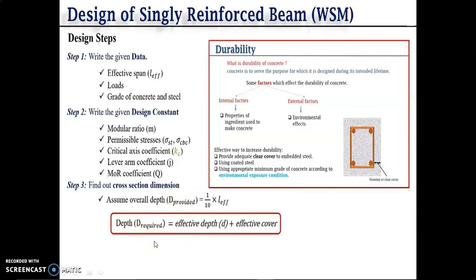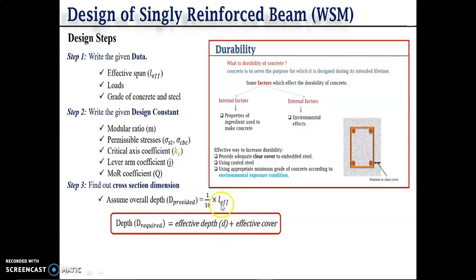Provided depth is always greater than the required depth. If your required depth is greater than the provided depth, then our structure fails. That's why in the design part we require depth required to be less than depth provided. Depth required we get from effective depth plus effective cover.